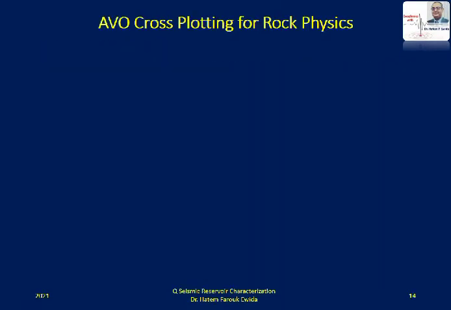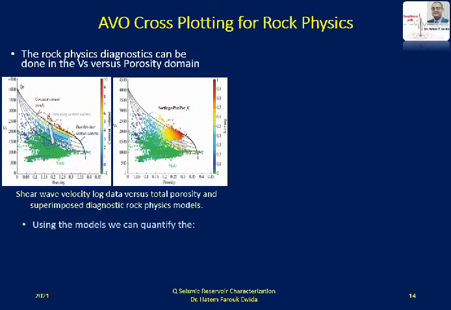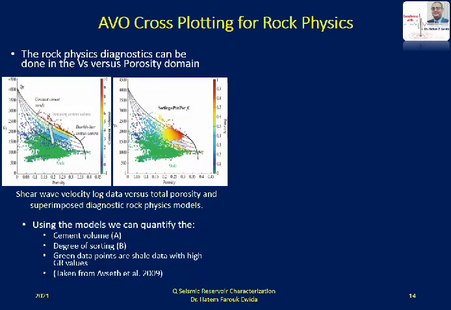So going further with this cross plotting, the rock physics diagnostics can be done from cross plotting or plotting graphically the VS, the velocity of the shear wave, versus porosity, for example. So I can plot the porosity against the VS, and what we've seen here is a shear wave velocity log data versus total porosity, and there is a superposition of the diagnostic rock physics model.